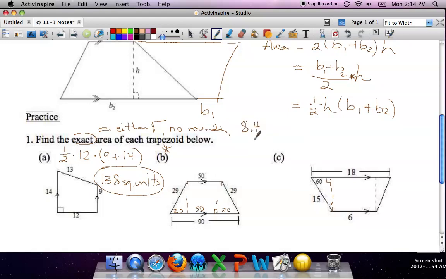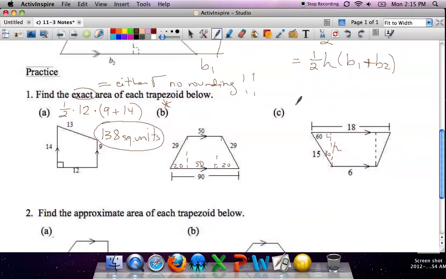It doesn't have to have a square root in it to be an exact answer. It's just that no rounding is involved. So for this one, we have a 30, 60, 90 here, and the goal is to find this height. If you can find this height, you can use the area of a trapezoid to finish that. So I will let you do C by yourself at home.